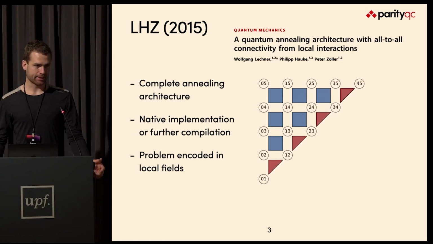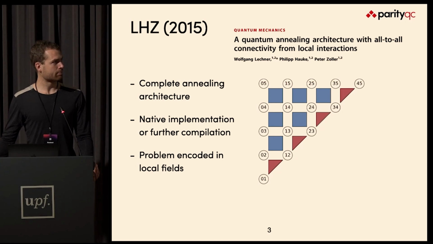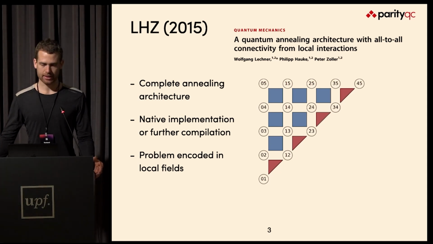The main advantage of this is that you solve the connectivity bottleneck of encoding something on a quantum machine. And later it turned out that you can also use this as a basis for further compilation, as I will show with Rydberg atoms today.